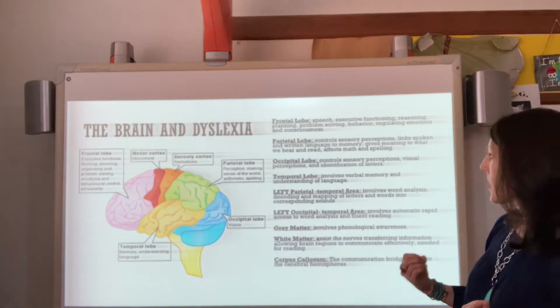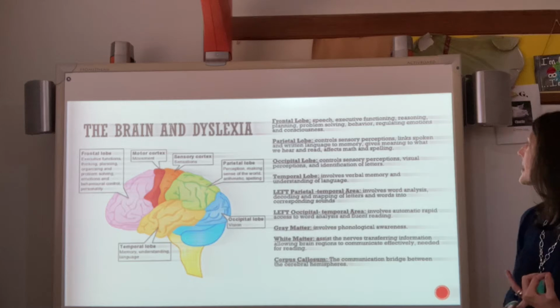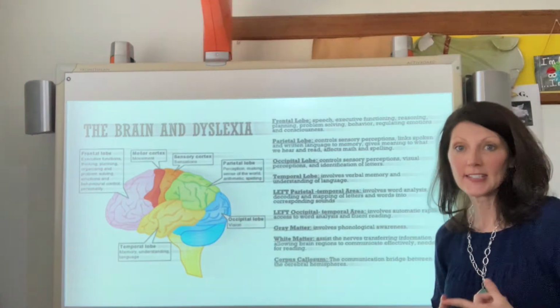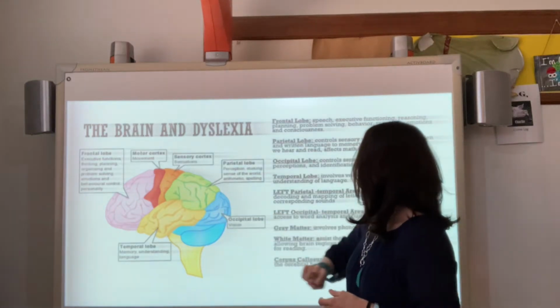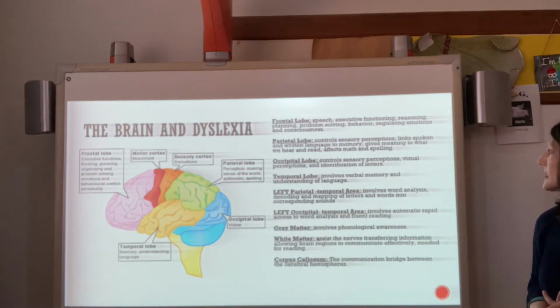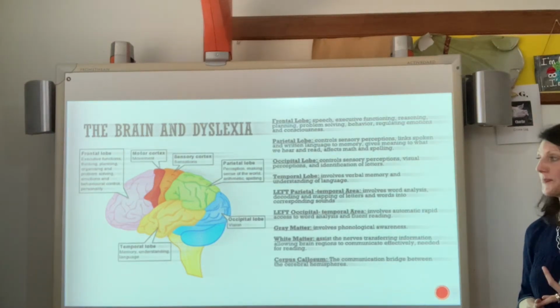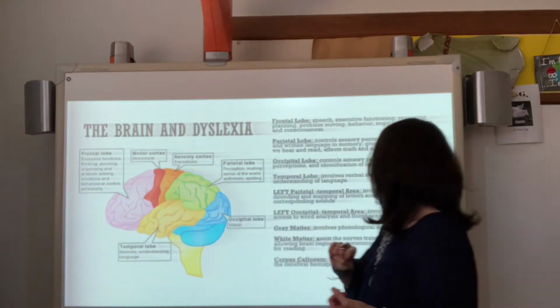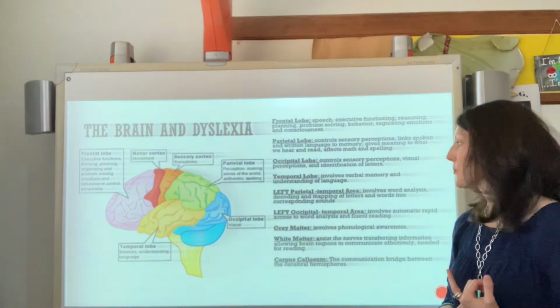The parietal lobe, this green part, controls sensory perceptions, links spoken and written language to memory, gives meaning to what we hear and read, and affects math and spelling. The occipital lobe, back here, this blue part, controls sensory and visual perceptions and identification of letters. The temporal lobe, this yellow part here, involves verbal memory and understanding of language.